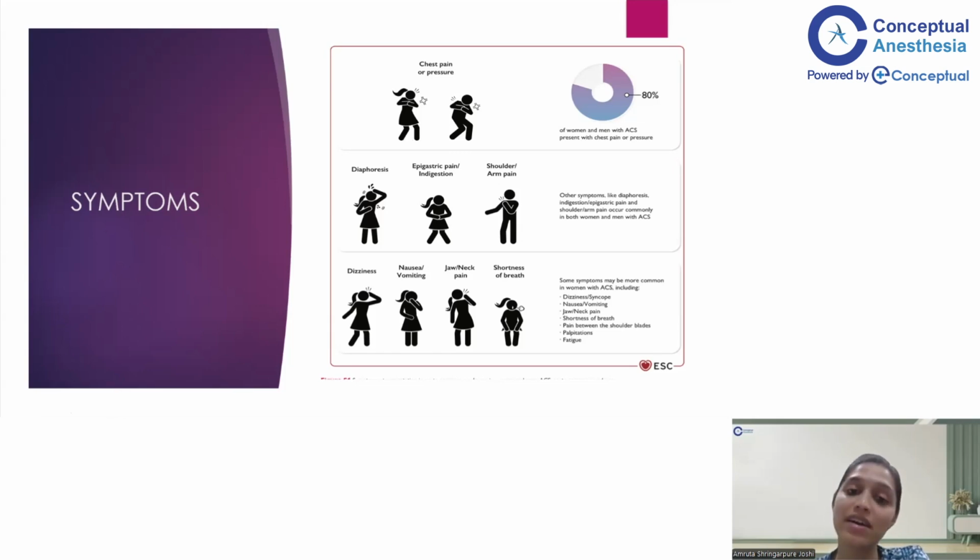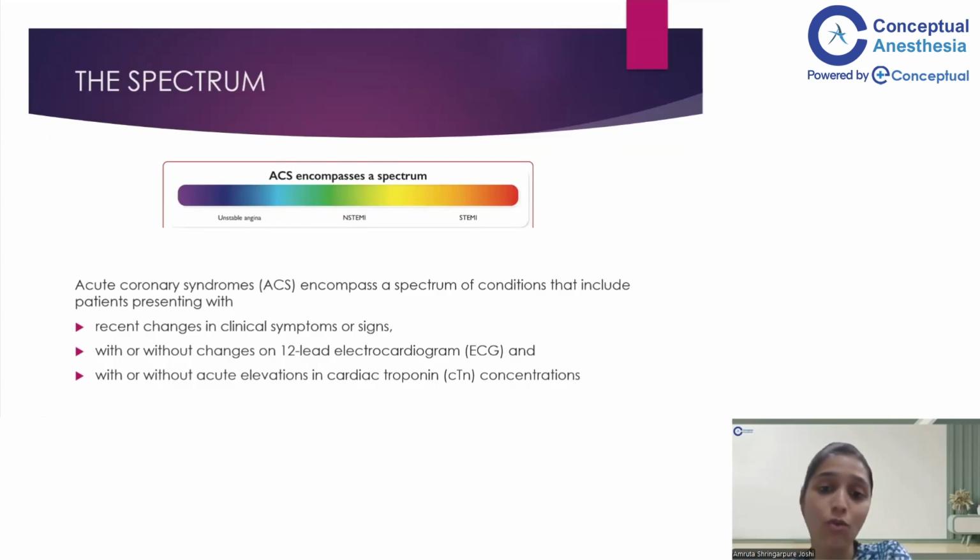And why immediately? Because if you have to talk about this topic in one line, time is life. Time makes a big difference. That is why any patient who presents to you, you have to send to emergency or get the treatment started immediately. So we spoke about the spectrum which spreads from unstable angina to STEMI.